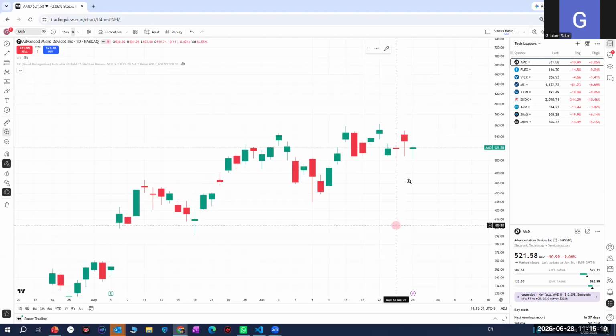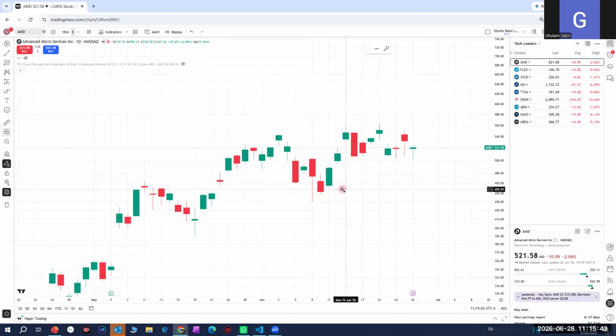Now the candle charts are normally like this. In the center you see the thick part, which is known as the body of the candle. A green candle means that this is the opening point right here, the bottom of the body on that particular day, which is 15th of June. And this is the closing point, 488.